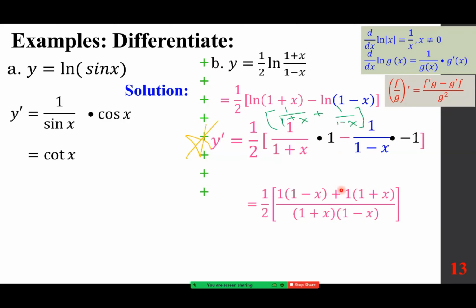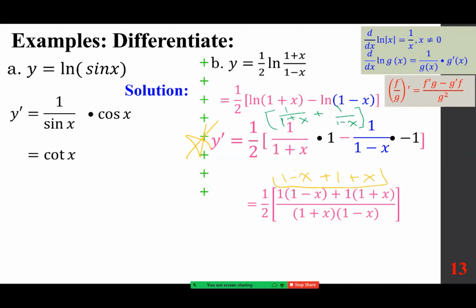All we have to do is simplify the numerator. So let's do that. This is 1 minus x plus 1 plus x.